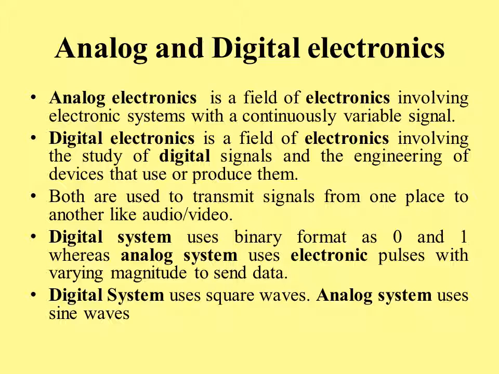So we have taken the prior knowledge of analog and digital electronics. Now we can start the topics related to these that are included in analog electronics and digital electronics in the next lectures. Thank you.